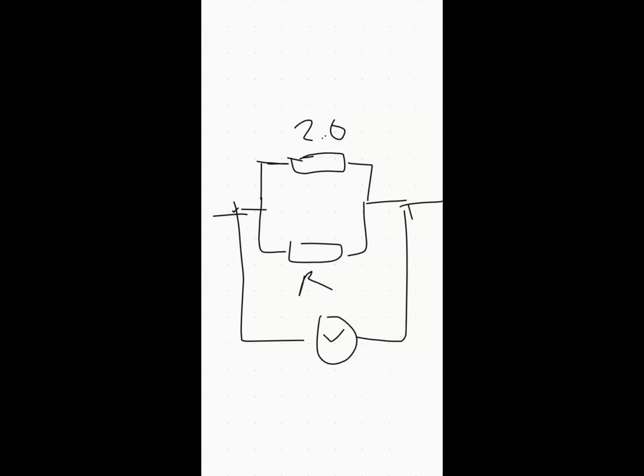Okay. So if a voltmeter were to be connected, this is how it would be connected. Is that okay? Yes, it will be connected across the two resistors.